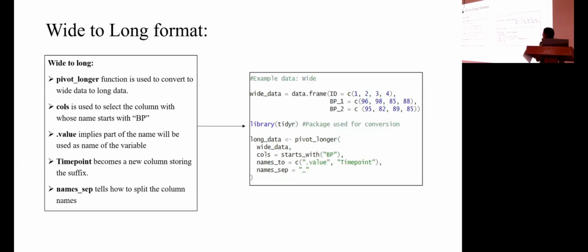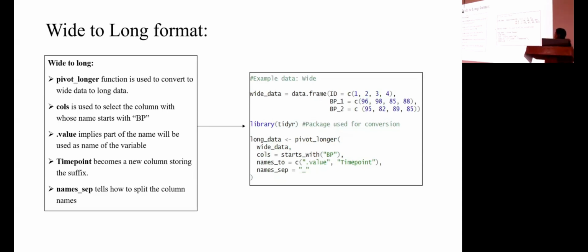Now my new data set name is long_data. First I call the package, then long_data, the new name I'm giving for this data, with the assignment operator, using the pivot_longer function. I'm taking this wide data, mentioning the wide data, then columns, starts_with BP. What variable is repeating?